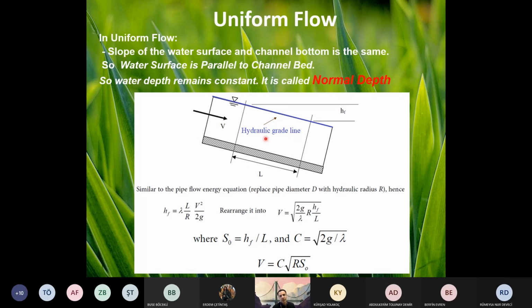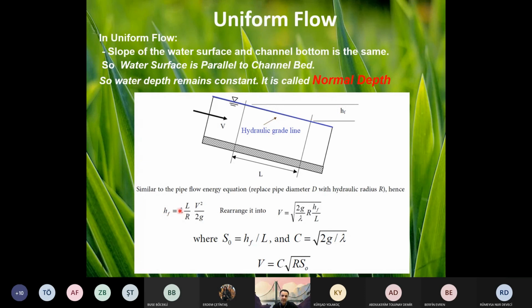Here this figure shows you again, this is my hydraulic grade line, flow surface. This is my distance. In the previous section I said delta x. This is L. It cannot be an element, it can be a big length. Similar to pipe flow, in fluid mechanics we have the Darcy-Weisbach formula to calculate energy losses.